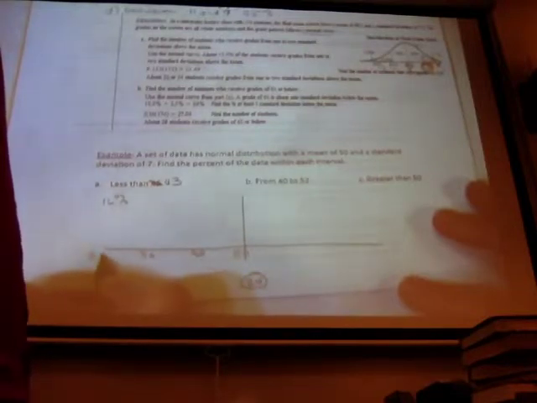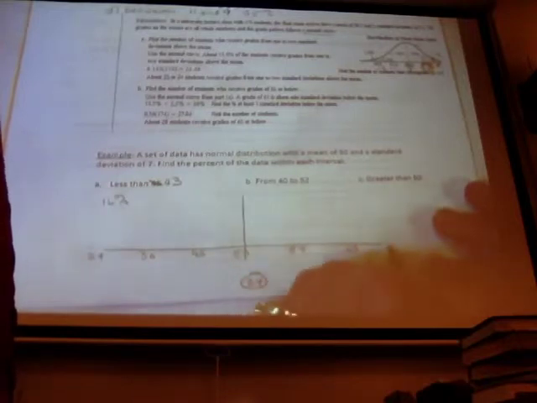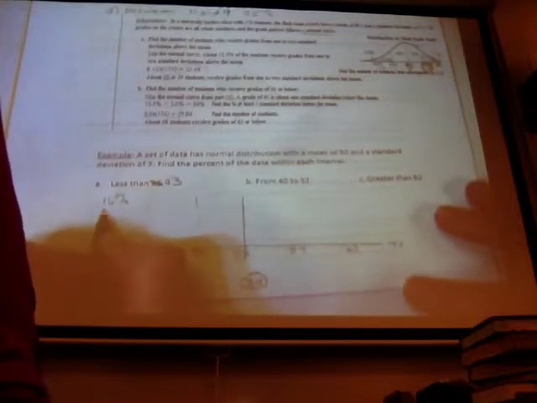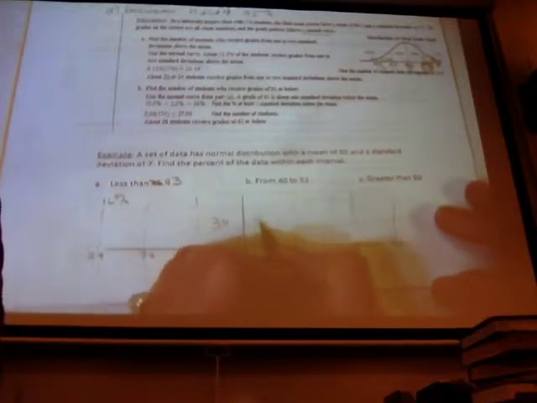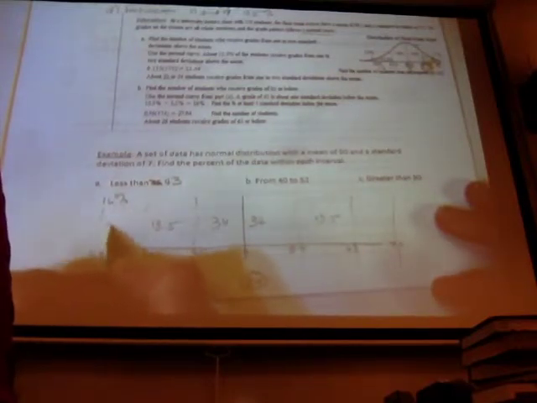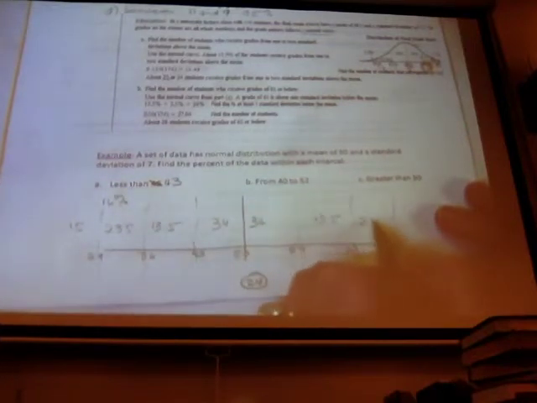Here would be 29. Add 7, you'd have 57. You'd have 63. You would have 70. So here are your deviations. So less than 43. This is 34, 34. This is 13.5, 13.5. Below, this would be 2.35, and this is 0.15 for the rest of it.